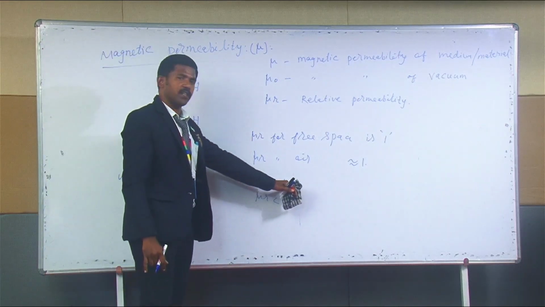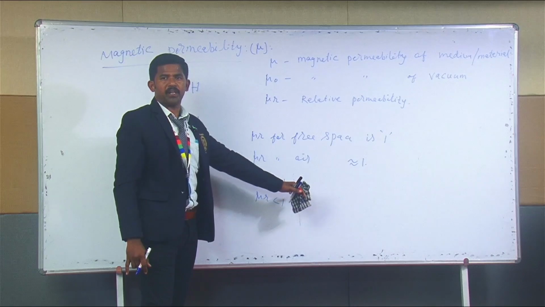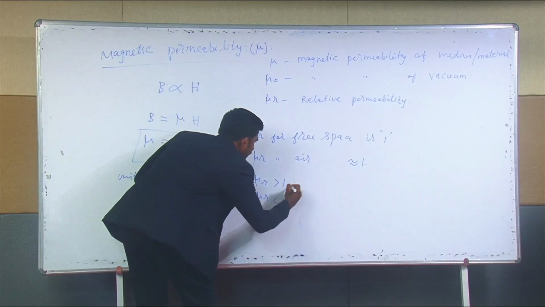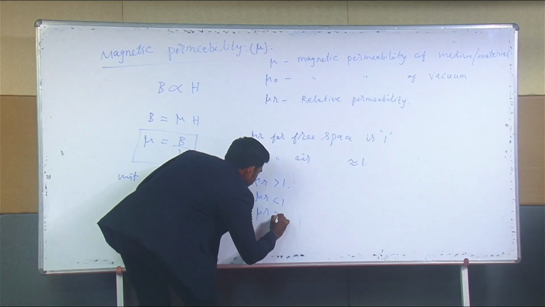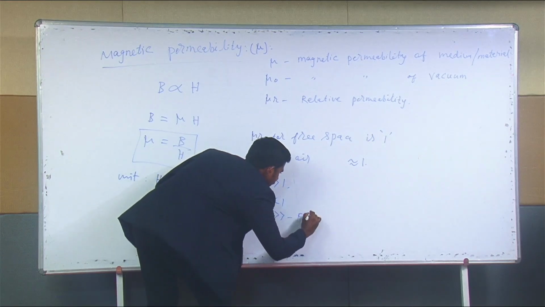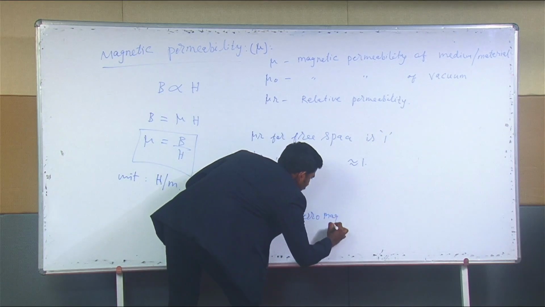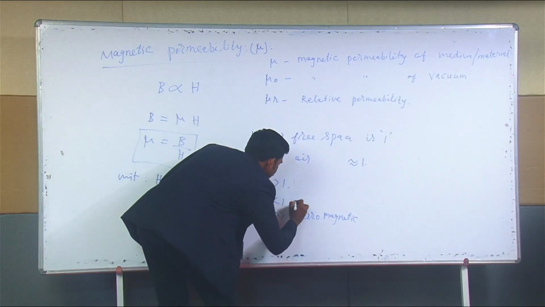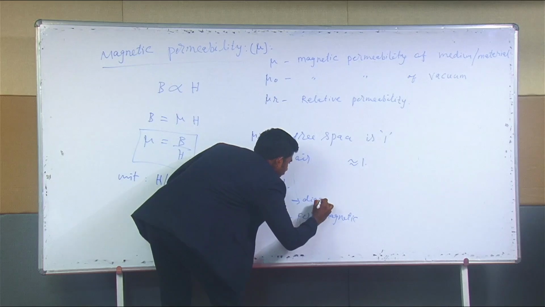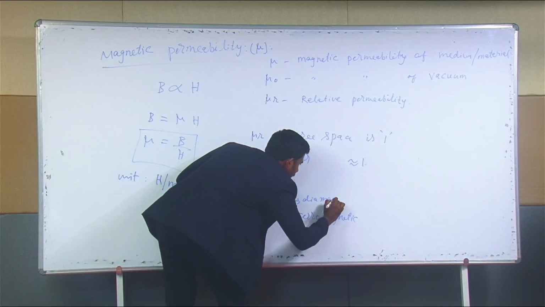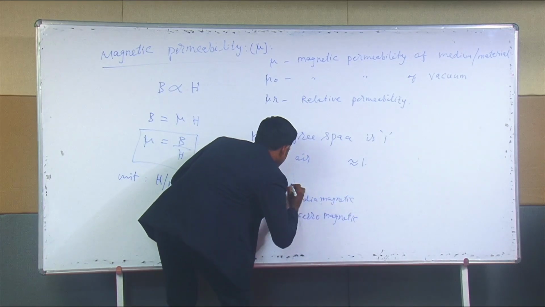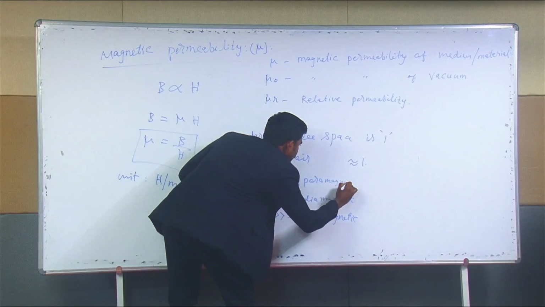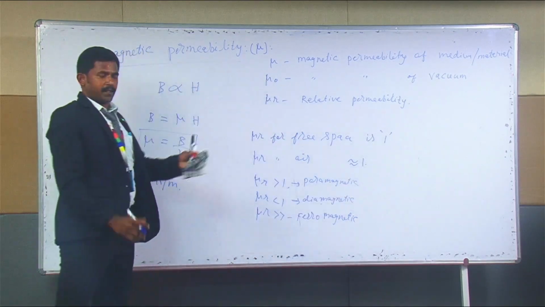Mu r greater than 1 is, for example, paramagnetic, and very much greater than 1 is ferromagnetic. If mu r is less than 1, it is under the category of diamagnetic material. We will see that later.